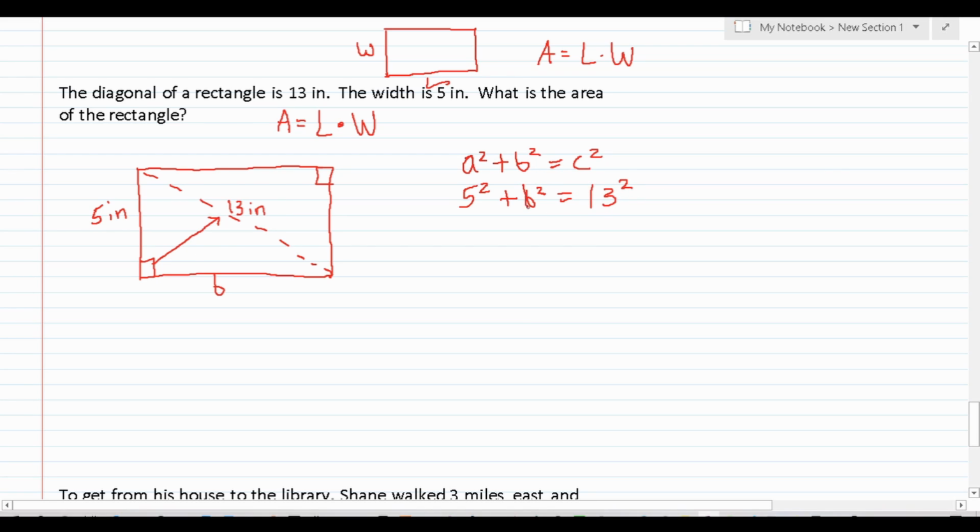And that's a pretty bad b there, so let's fix that while we can. Again, according to the order of operations, we have to take care of these squares before we move on. So 5 squared is going to be 25 plus b squared. There's nothing we can do with that right now. 13 squared, as we've seen previously, is 169.